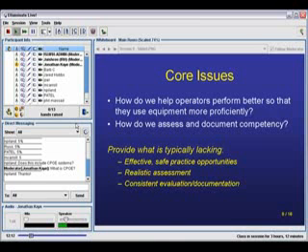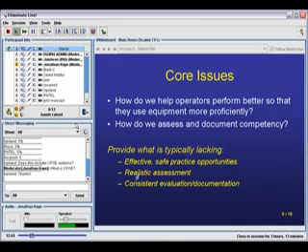And it's not really rocket science, but we need to provide effective, safe practice opportunities. We need to provide realistic assessment and consistent evaluation and documentation. When I say realistic assessment, a lot of times in the medical area, particularly with CME, the assessment tends to be a multiple choice question tacked on to whatever number of hours someone has been sitting in a chair.